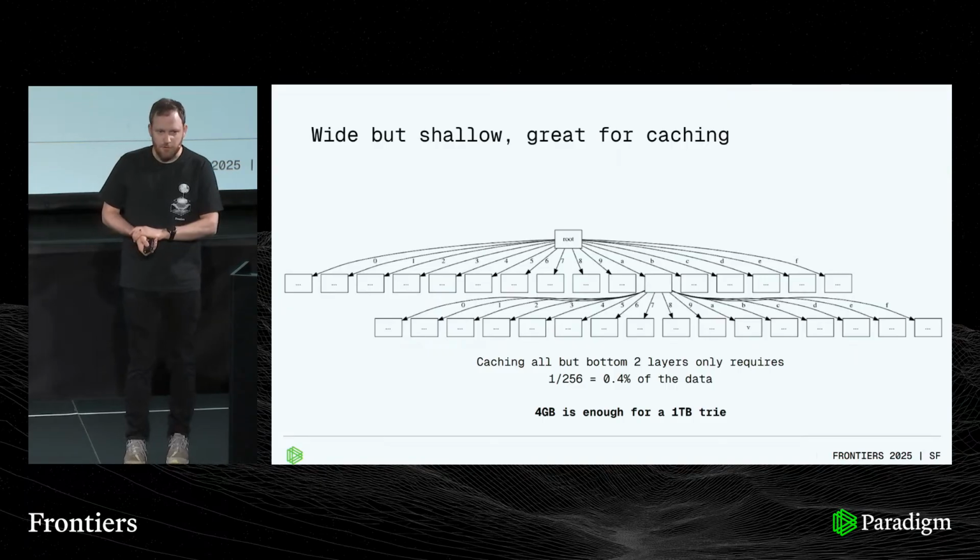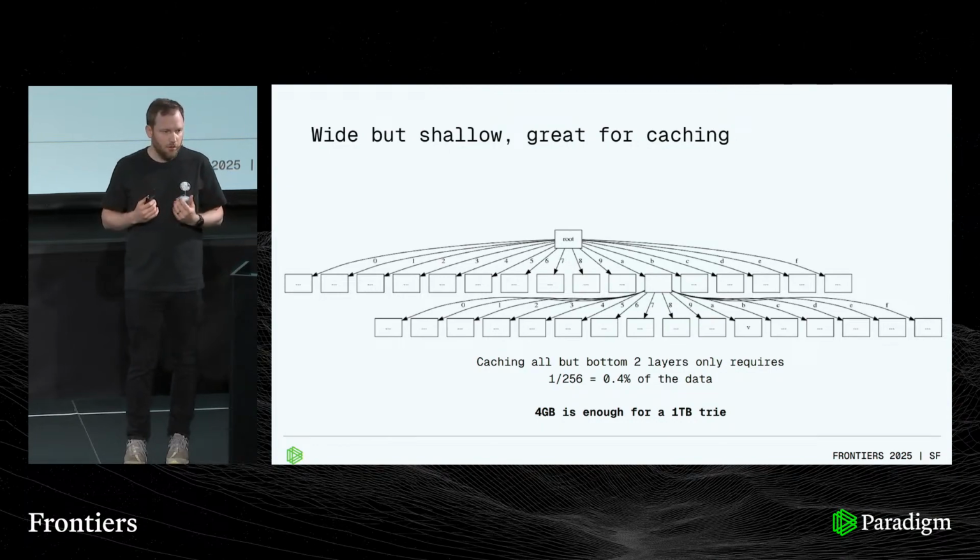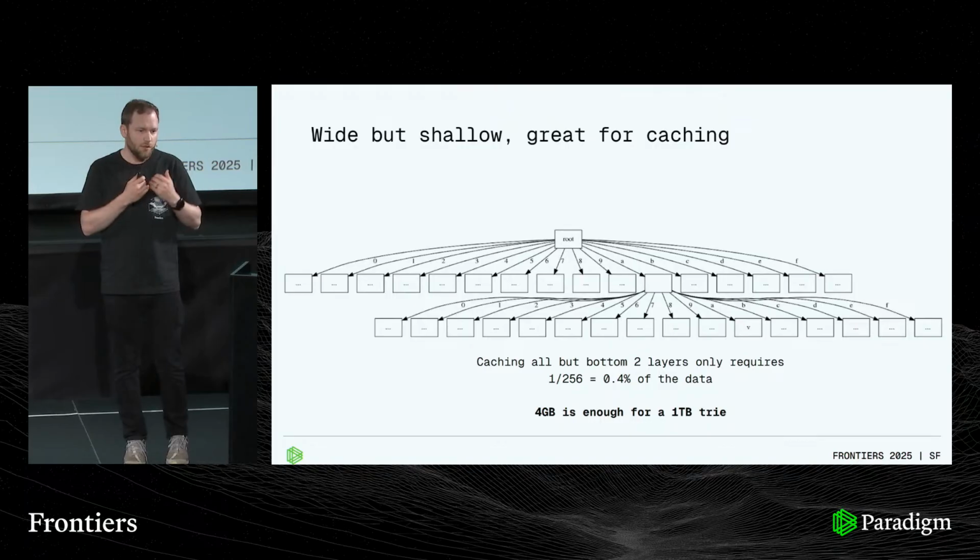Some of the attributes of this tree: because it has a 16-wide branching factor, it ends up being very wide and very shallow in general. So even though your paths are 64 nibbles, you end up with the vast majority of that branching at the very, very top.